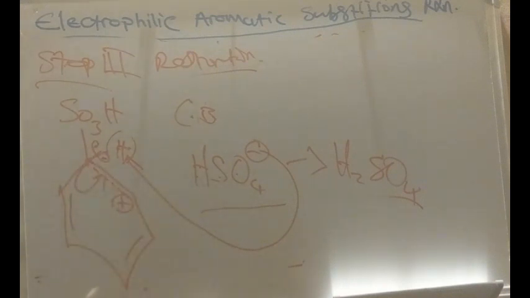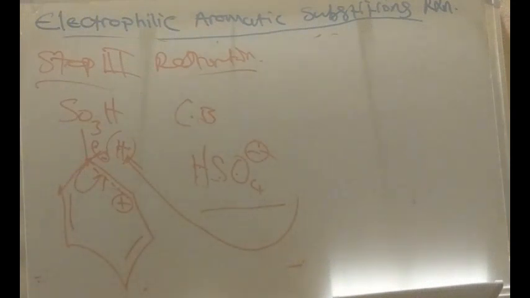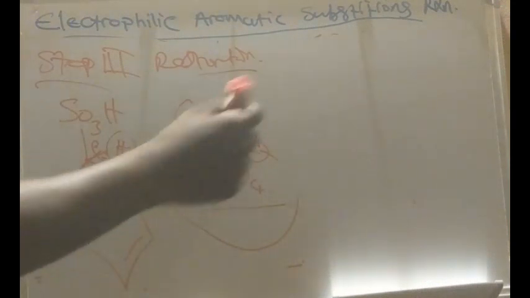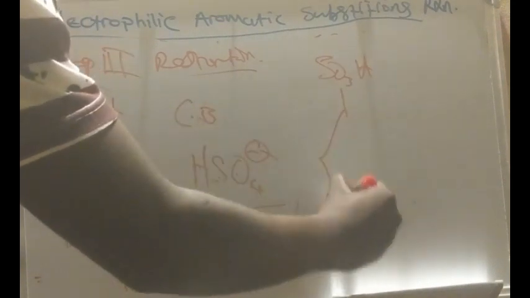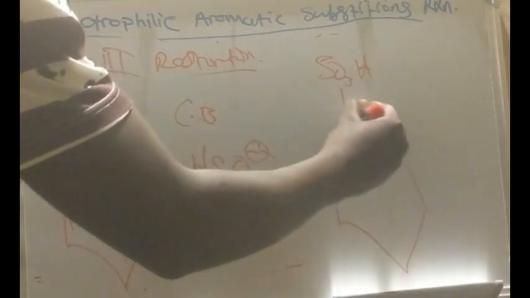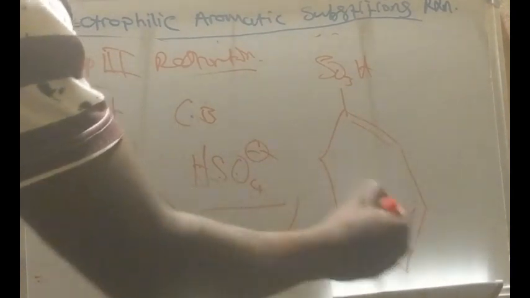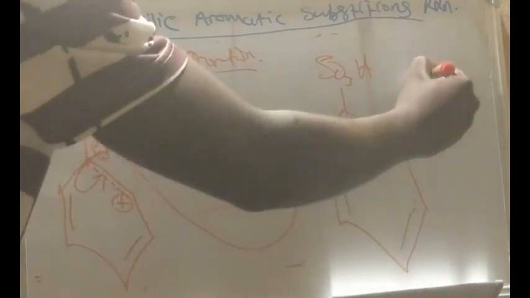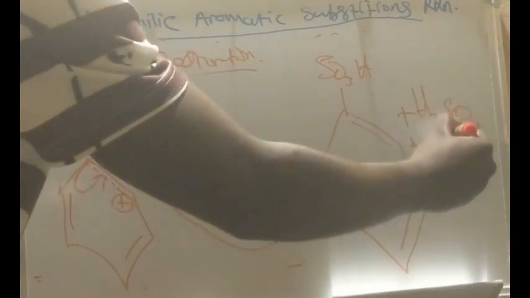Okay, so let me clean up just to depict what I've shown. Okay, so the first product will be our aromatic ring, which has a newly formed double bond, sulfuric acid, water as our final products.